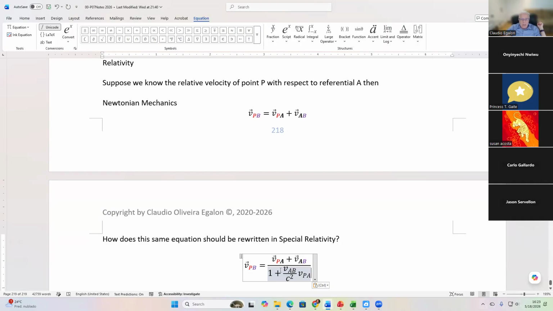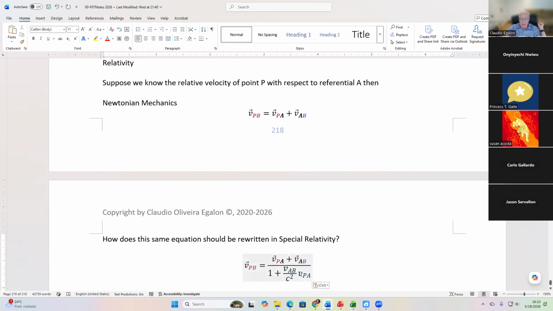Velocity of A with respect to B divided by C squared times velocity of P with respect to A. We can even put, or even better, put VPA upstairs here, so we have the same mnemonic way of remembering the equation.